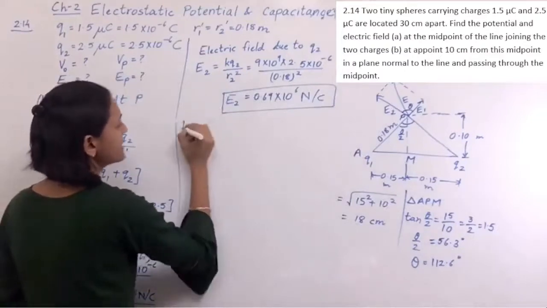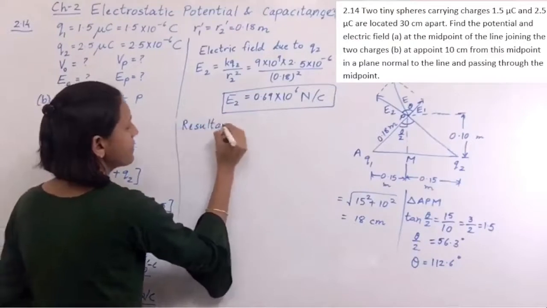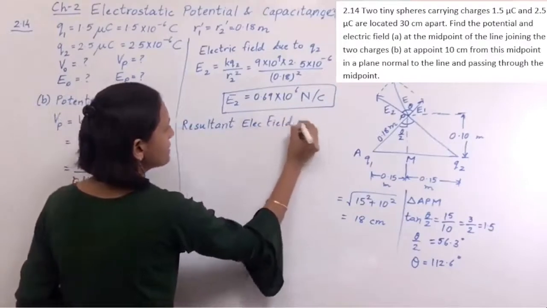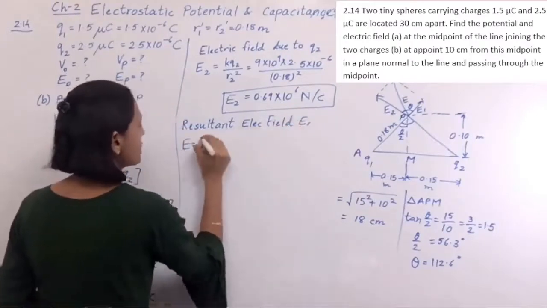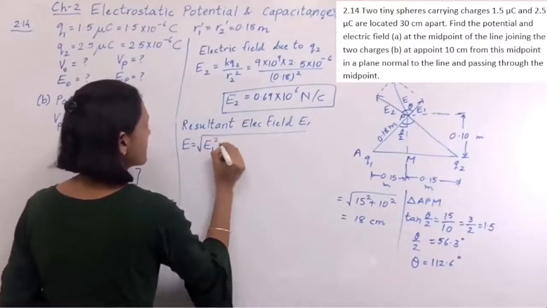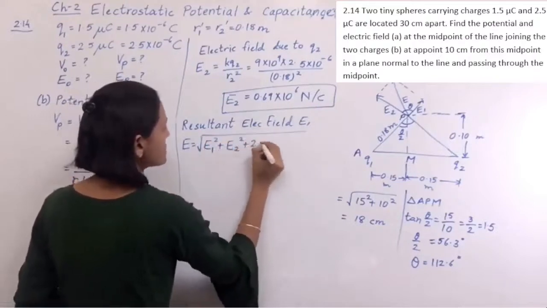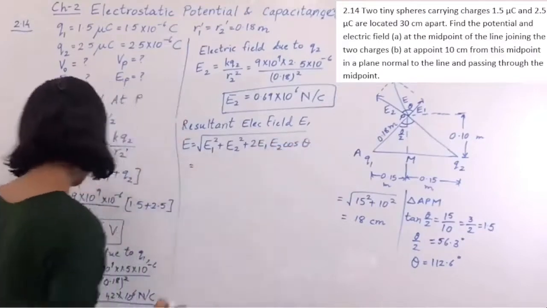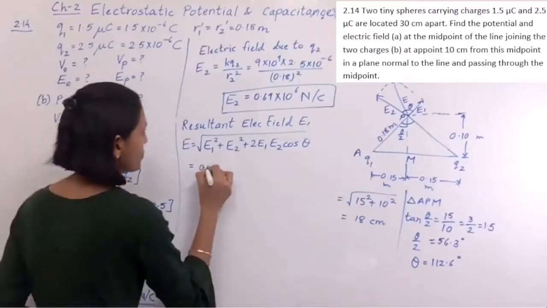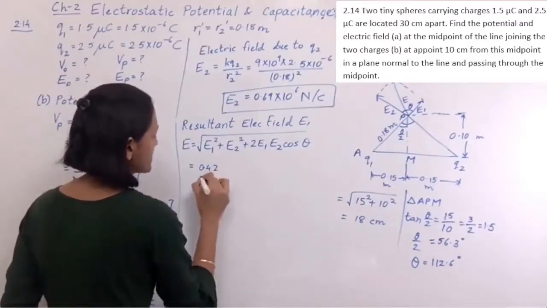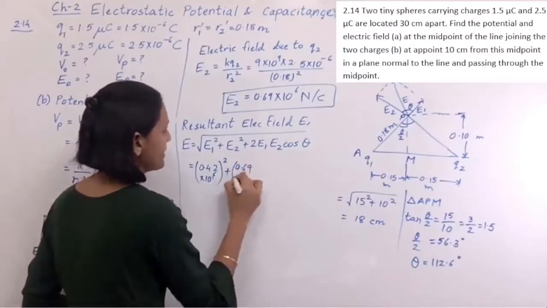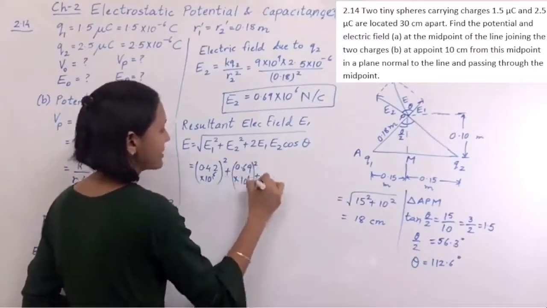Now for the resultant electric field E, E equals under root E1 square plus E2 square plus 2 E1 E2 cos theta. E1 square is 0.42 into 10 raised to 6 and its square, plus E2, which is 0.69 into 10 raised to 6, and its square.